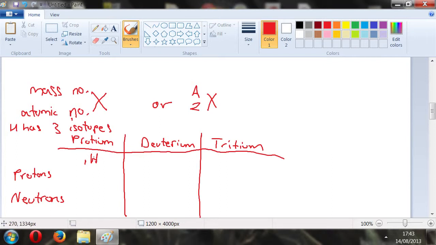Basically, there's none. So there's 1 proton, that makes it hydrogen, but there are no neutrons. So it doesn't need to have neutrons at all. So that's that, and that is actually, wow, I don't know how I managed to do that wrong. Now that is a 1. So we look at the number of protons. There's a 1 there.